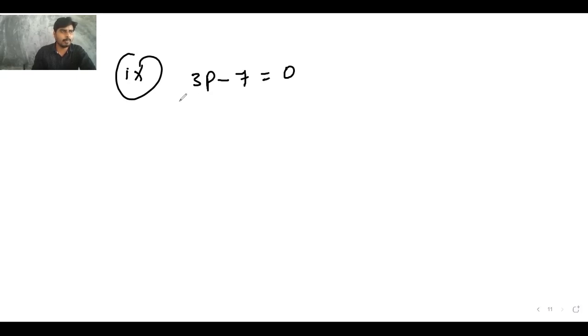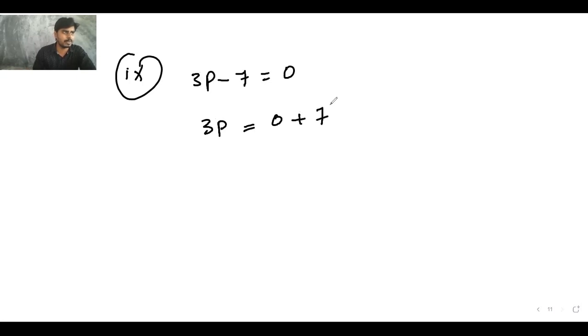7. Is it 7 or minus 7? Minus 7, right? Then what it becomes? 3p is equals to 0 by 7, right? Is it right? It becomes 0 plus 7.